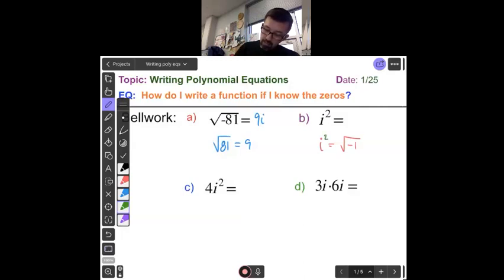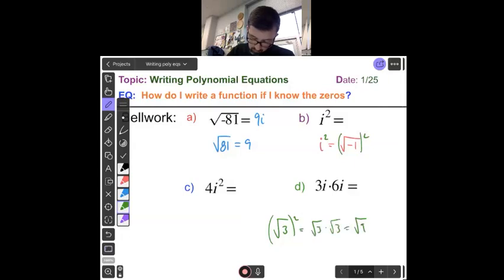We square both sides. What happens to a square root when we square it? What happens to the square root of 3 if I square it? I squared the square root, and I got 3 as my answer.